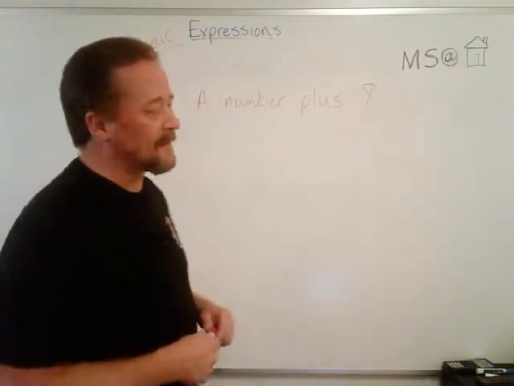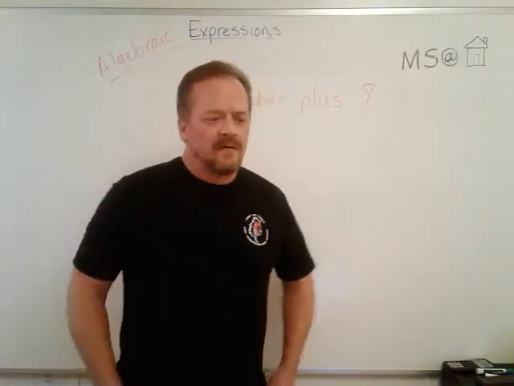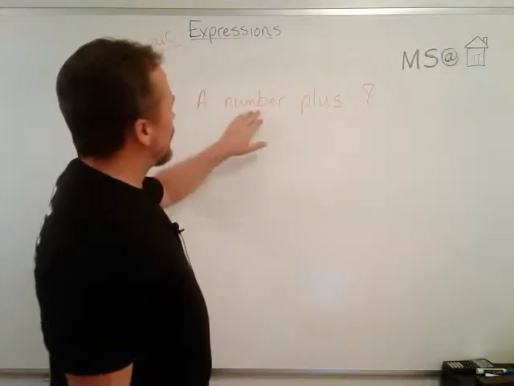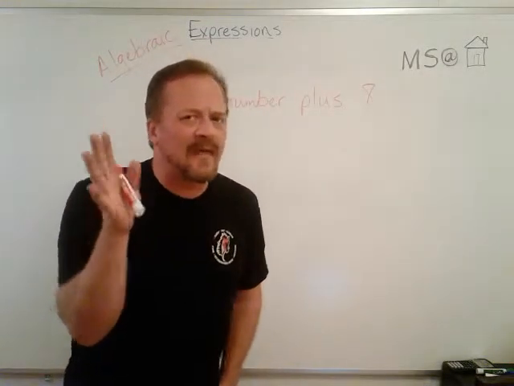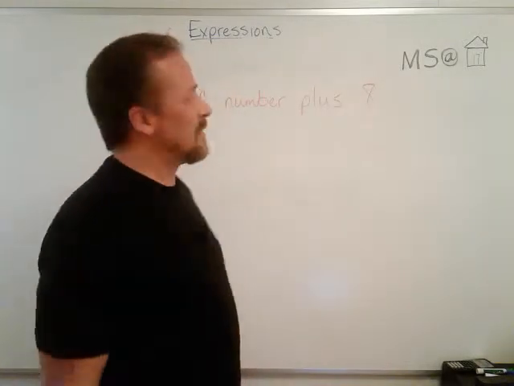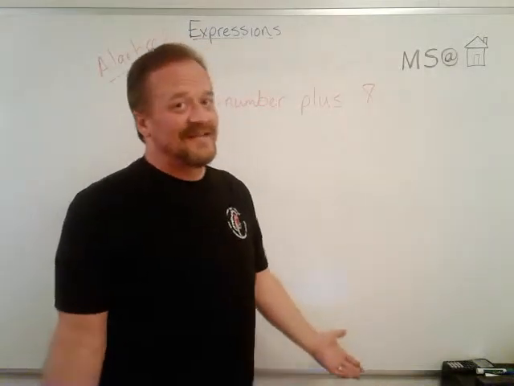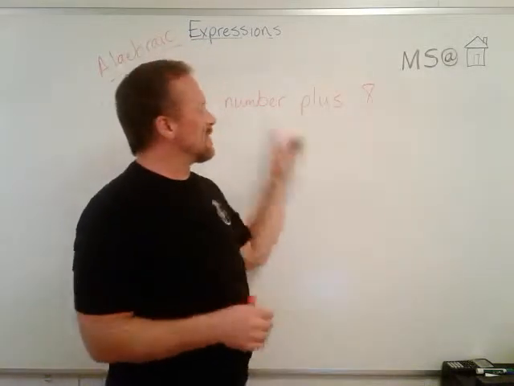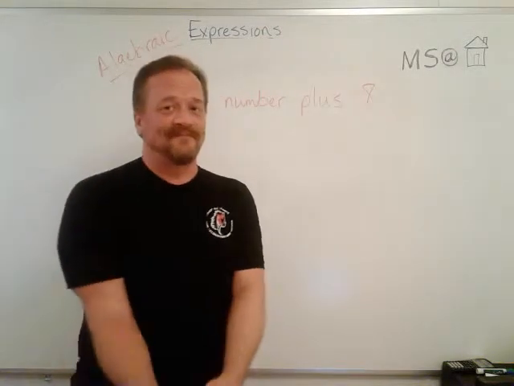So back to my statement. A number plus 8. Now here's the thing. Whenever you see this right here, a number, that means I don't know what that number is. That's why it says number. If I knew what the number was, I would have said just like 7 plus 8, and that would have been easy. But since I don't know what this number is, I'm going to have to assign it a variable, right?